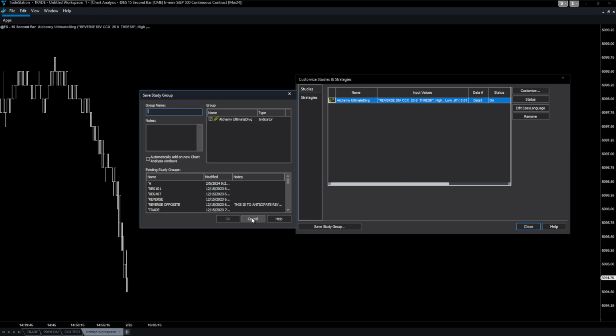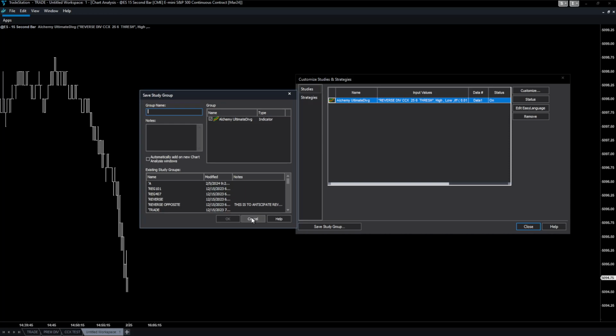by just going into the Add Study group. So what I would do, wherever I want to put it, I'm going to go in here and Add Study Group, come down to the name, okay, so I've named it Reverse Divergence using the CCX and threshold.